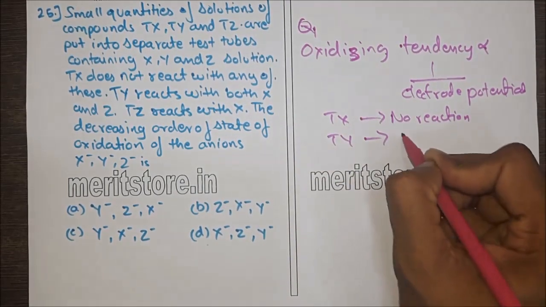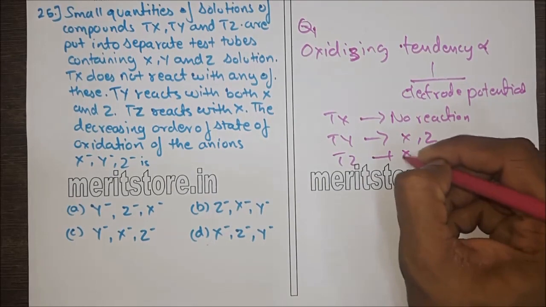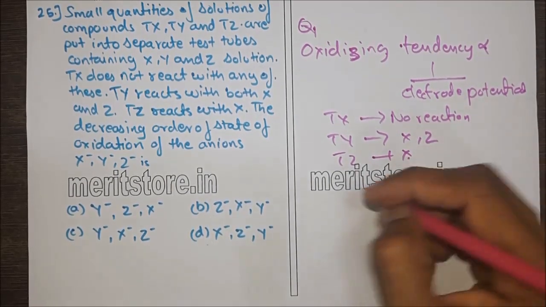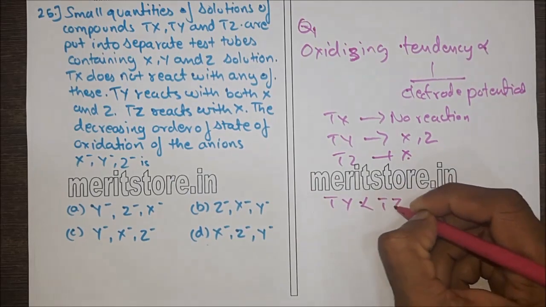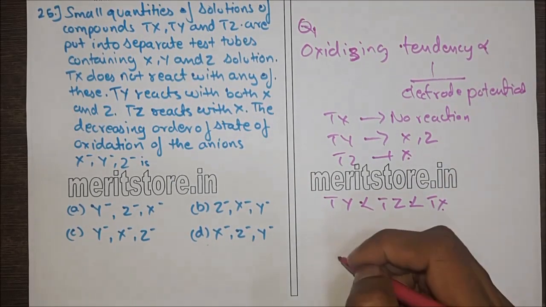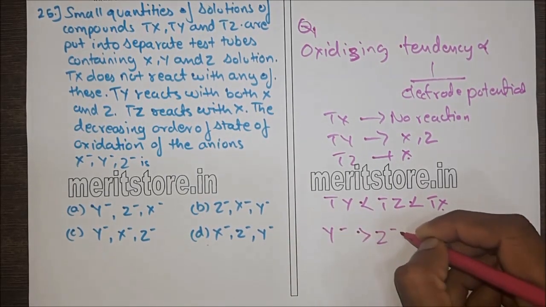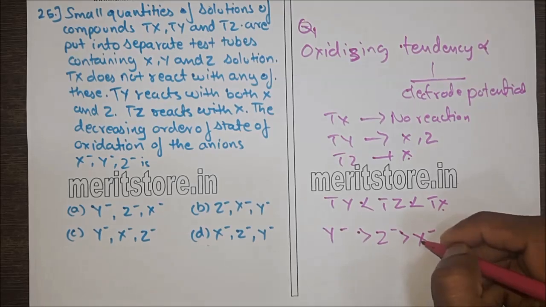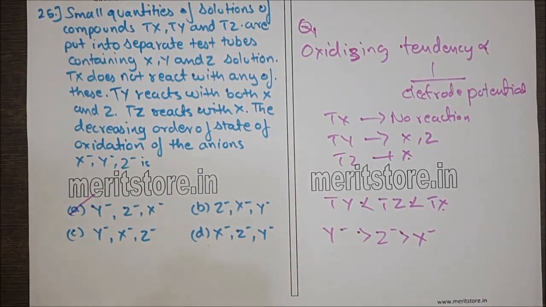Ty reacts with X and Z, and Tz reacts with X. So order of electrode potential is Ty less than Tz less than Tx. So order of oxidation of anion is Y greater than Z greater than X. Therefore, our answer matches option A. Option A is the correct answer.